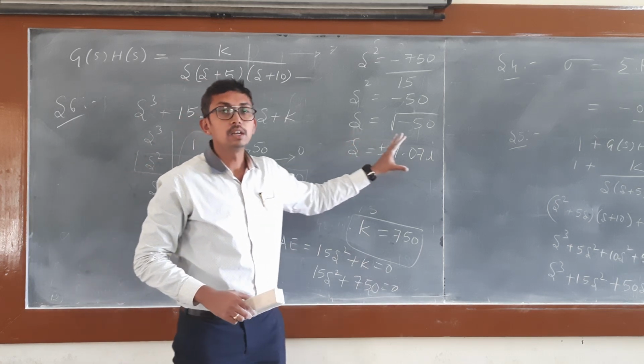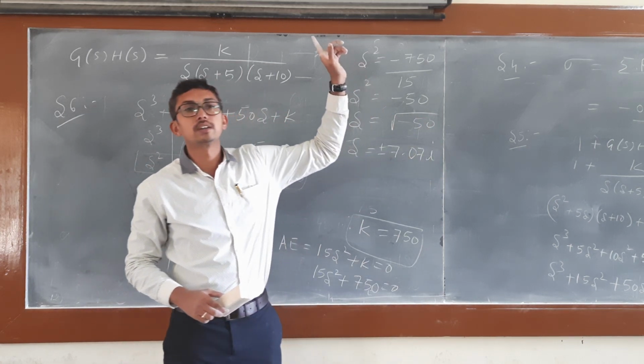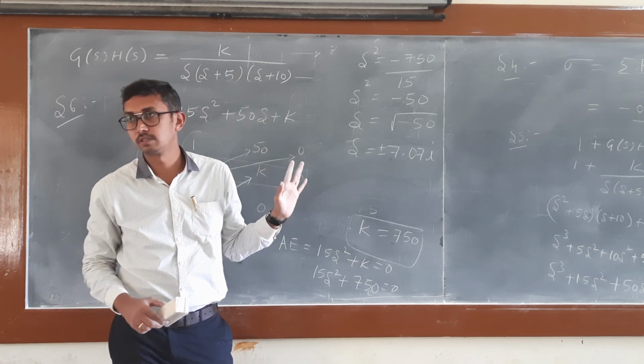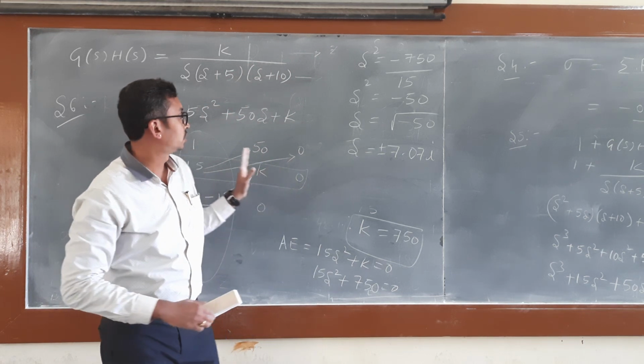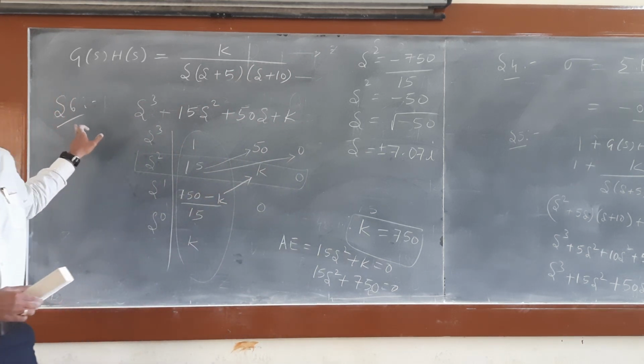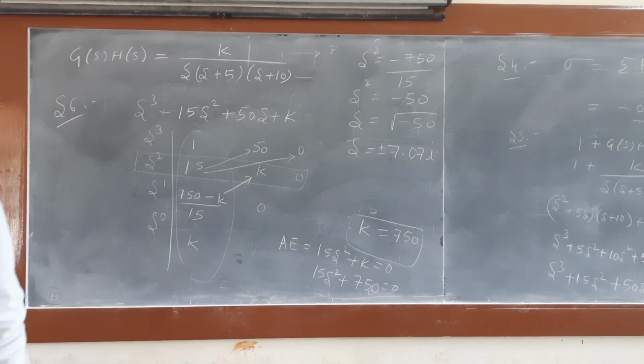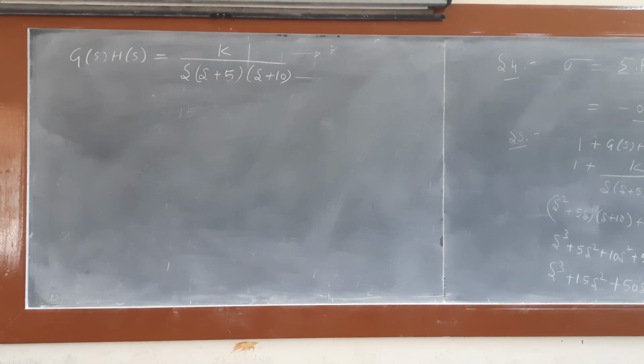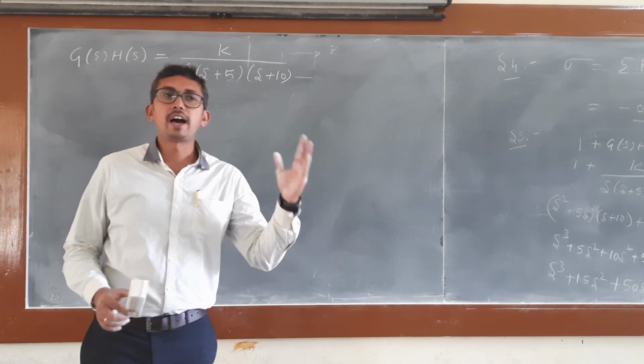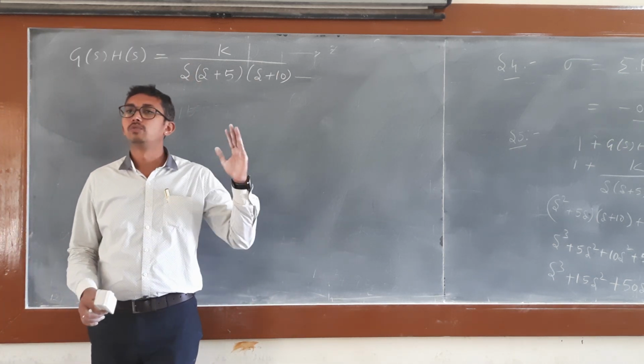So this is where the root locus cuts the imaginary axis. So this is step number 6. Please take it down. Okay, sir, so we have completed steps 1 to 6.